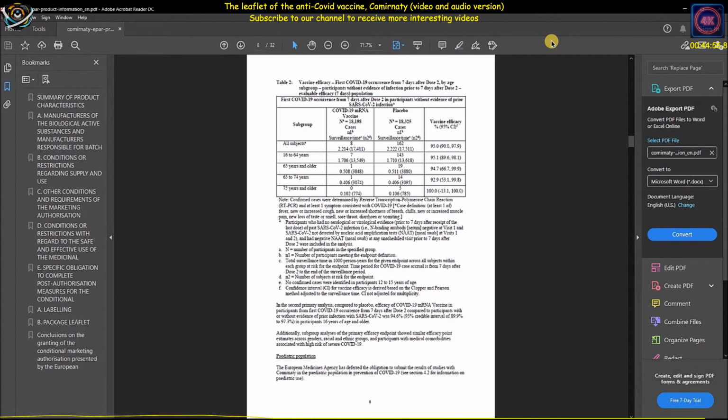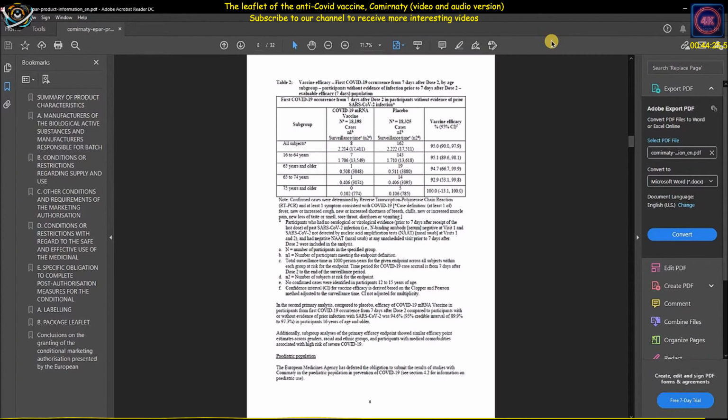Vaccine efficacy 95.0, 90.0, 97.9. 16 to 64 years: 7 cases, 1.706, 13,549; 143 cases, 1.710, 13,618. Vaccine efficacy 95.1, 89.6, 98.1.